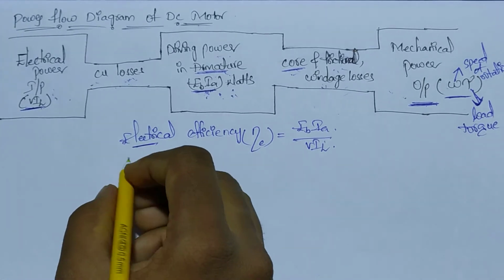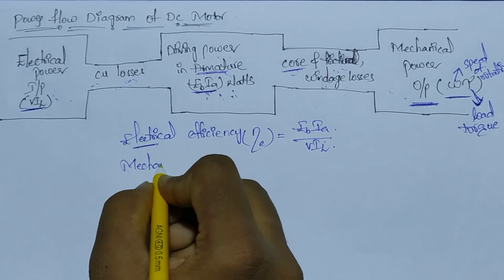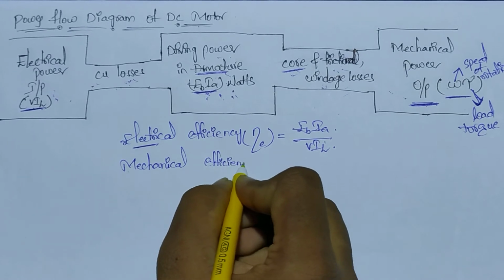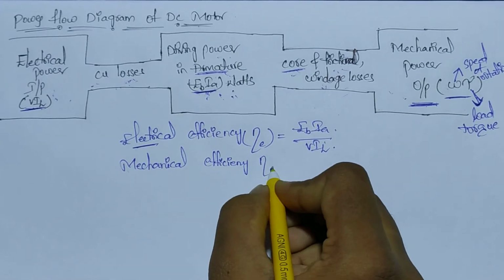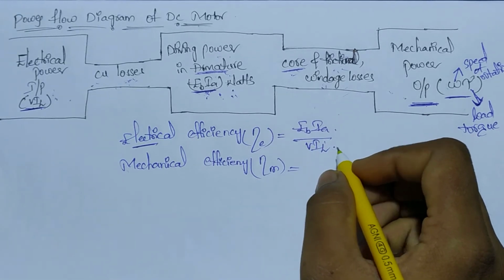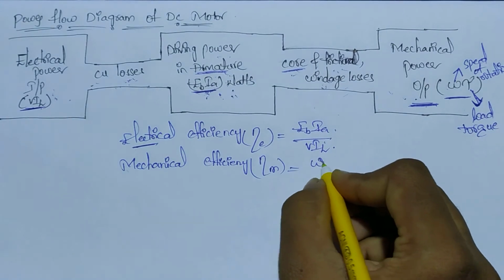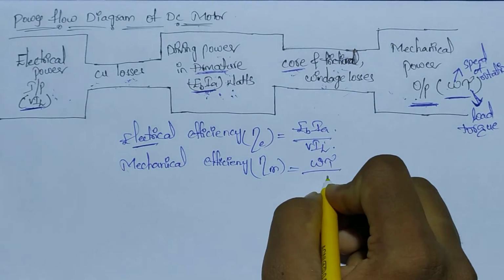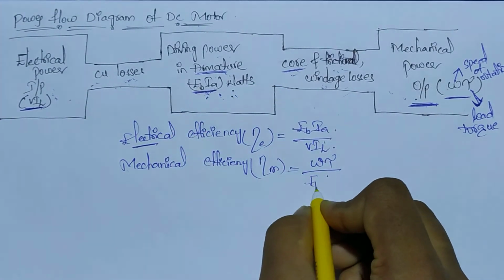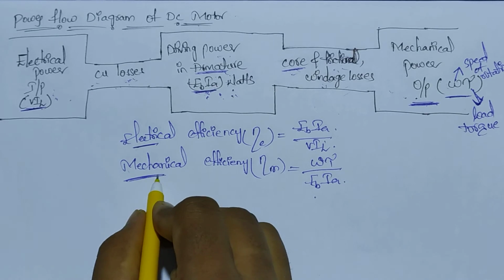Also from this power flow diagram we can write the mechanical efficiency, eta M. It is the output, omega tau, divided by the mechanical power developed, that is EBIA. From this we get the mechanical efficiency.